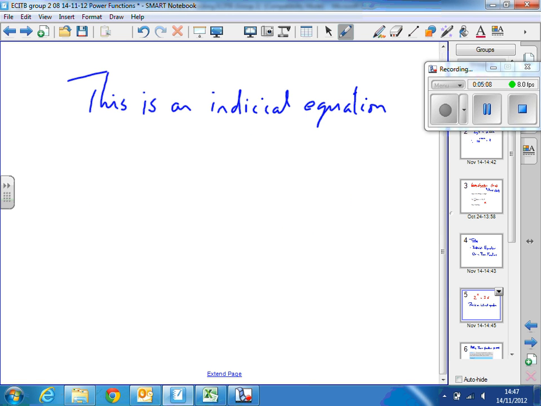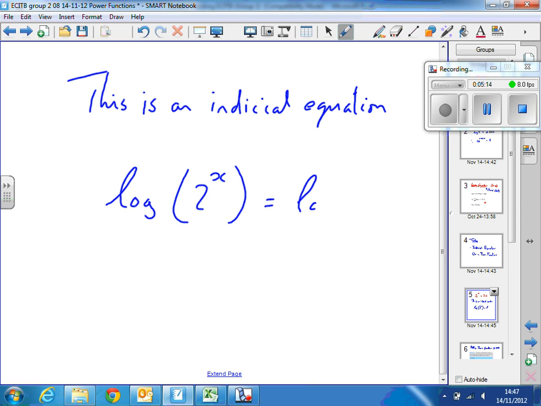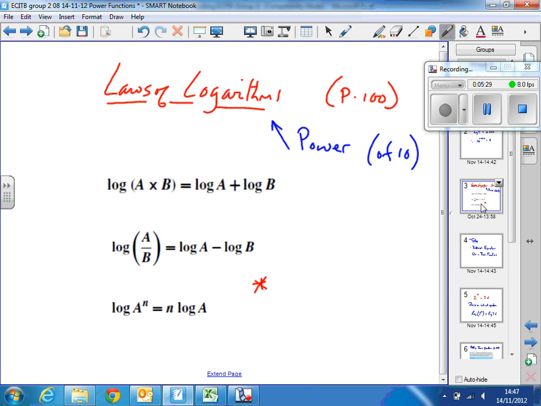We find the logarithm of 2 to the x equals the logarithm of 3.6. We do this because now I've turned this number, 2 to the x, into a power by making it into a logarithm. So that means I can use the laws of logarithms. And look at this last one.